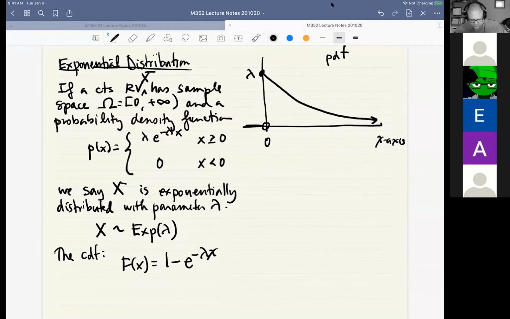And it has a y-intercept of lambda. So here's a distribution. It's not symmetric. It has one tail, kind of like the Poisson, and it's exponentially decreasing. It also has the property that if you integrate from 0 to infinity, you're going to get 1. No surprise, right? Because I claimed it's a probability density function, but you can verify it yourself using some of your Calc 2 chops.